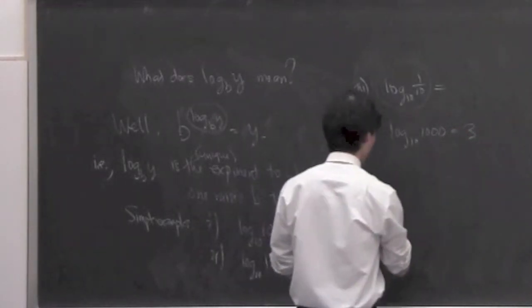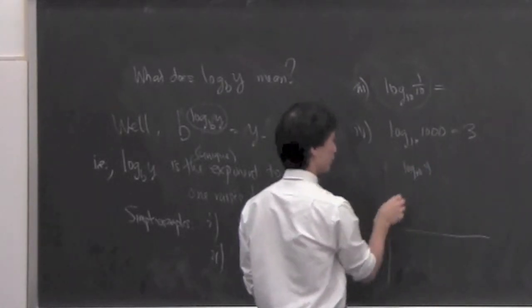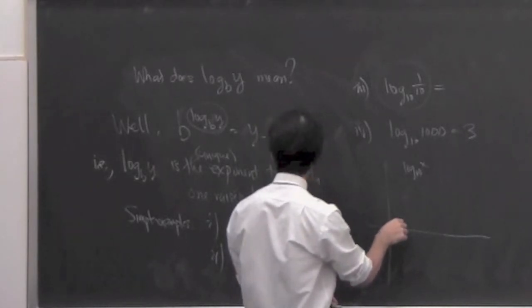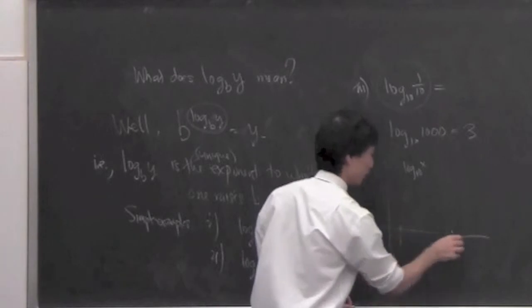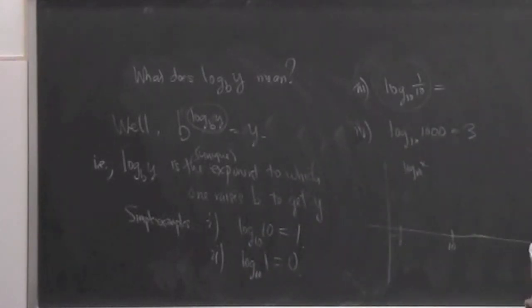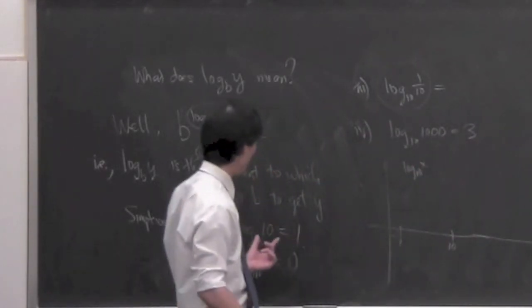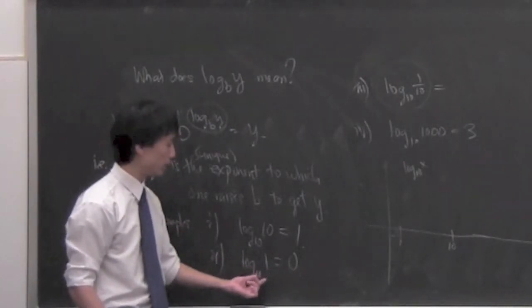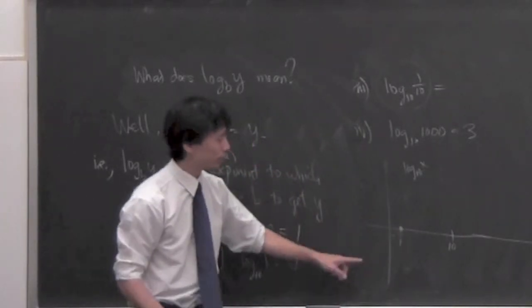Right, so if we're looking at the log base 10 function, let's say this is 1, this is 10, and this is 1,000. It says that for 1, the log base 10 of 1 is 0.